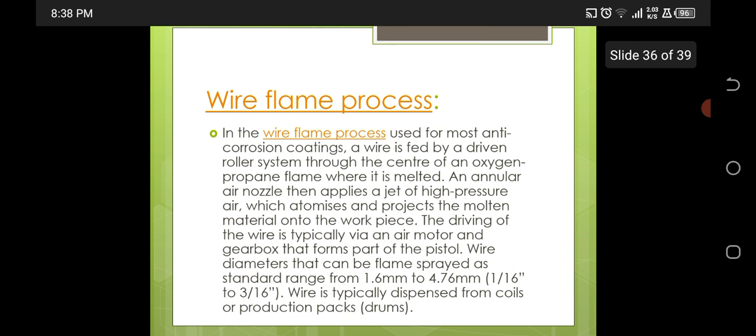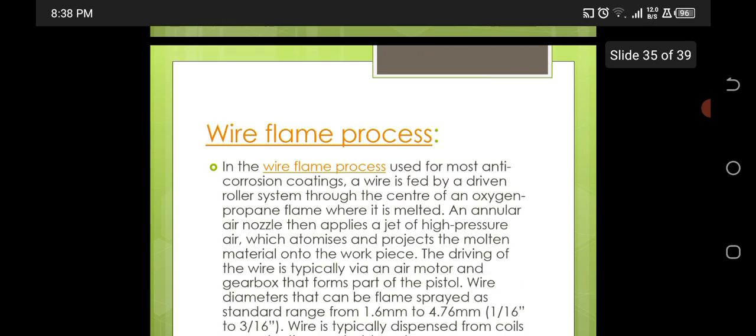Then high pressurized air is passed. Why do we use high pressurized air? Because this atomizes and projects the melted wire material toward the target object so that it will bind to the surface.